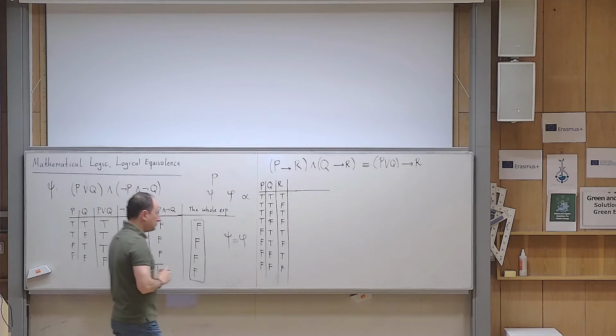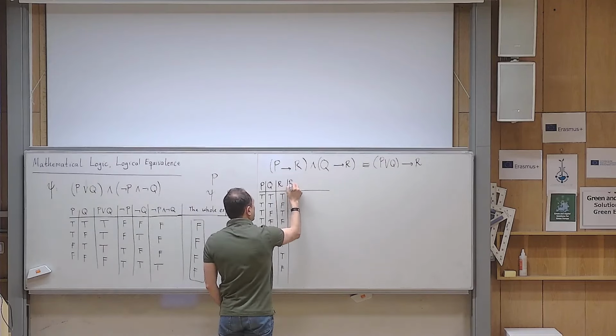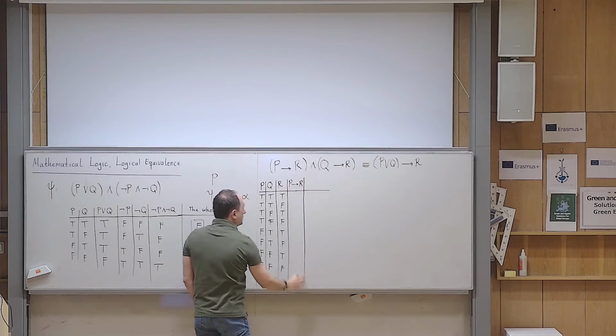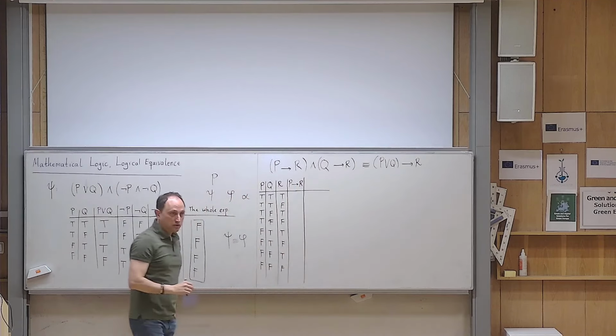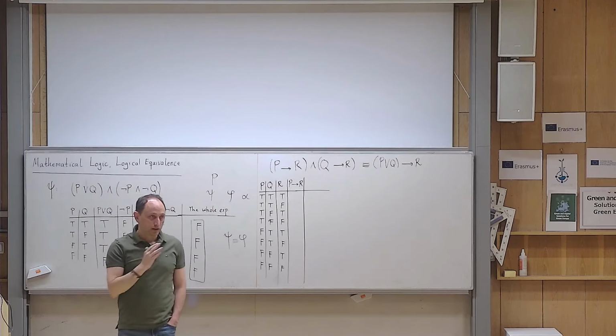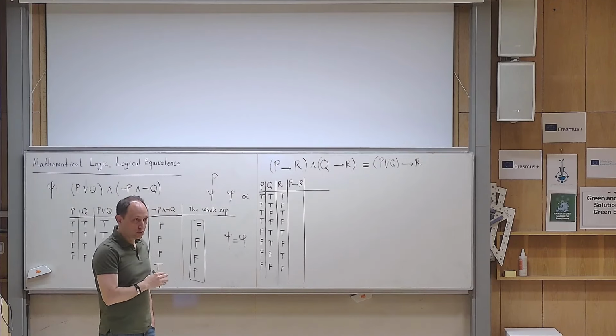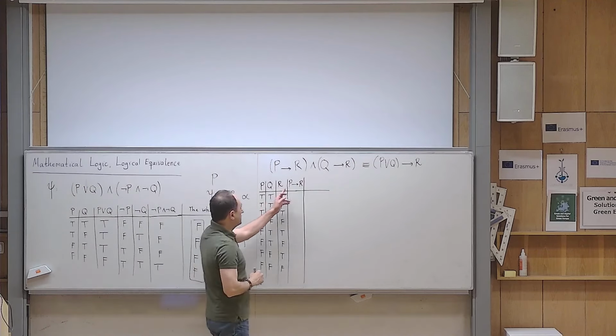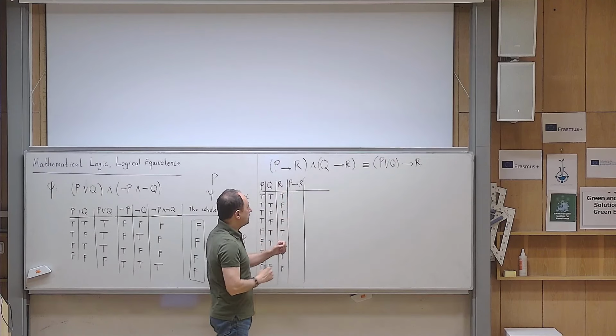P then... if P then Q, it's a conditional. Sorry, if P then R. Okay, so do you remember a conditional is false if and only if the premise is true but the conclusion is false. In other words, the left side true, the right side false, it becomes false. Otherwise, it is true.